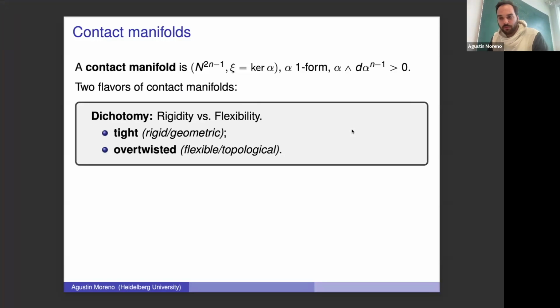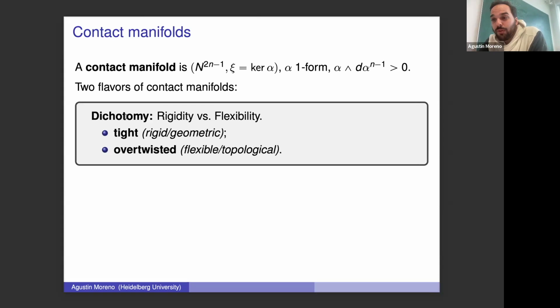And by work of Eliashberg and collaborators, Borman, Eliashberg, and Murphy in high dimensions, they tell us that contact manifolds come in 2 different flavors. Okay, we have this very nice dichotomy between the rigid world and the flexible world. So if you go to the store and try to buy a contact structure, the person at the counter will ask you, okay, so what type of contact structure are you looking for? Are you looking for one which is geometrically rigid or geometrically interesting?